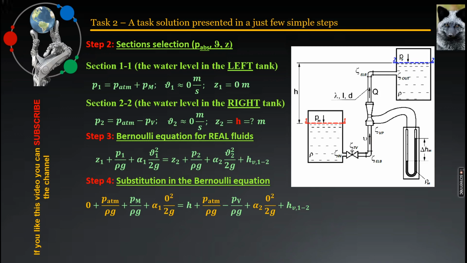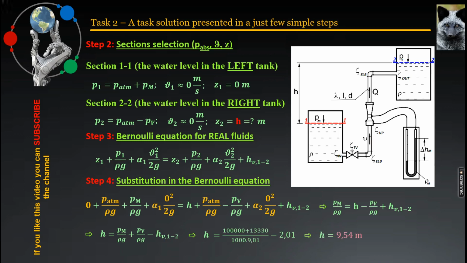After removing the unnecessary terms of the equation, the following expression, the final equation, is obtained. Next to do is the numerical substitution, after which the calculation is performed. In conclusion, for the unknown height, the value of 9.54 meters is obtained.